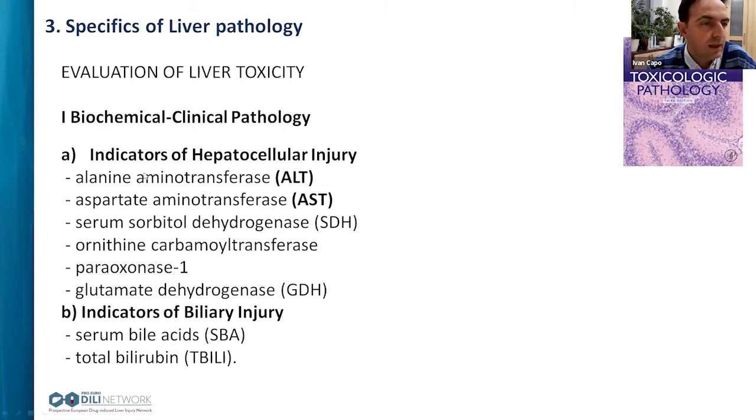Some of the main biochemical parameters can be, for example, alanine aminotransferase or aspartate aminotransferase if we are looking at hepatocellular injury. If we are looking at biliary injury, we will look at the serum bile acids and the total bilirubin.